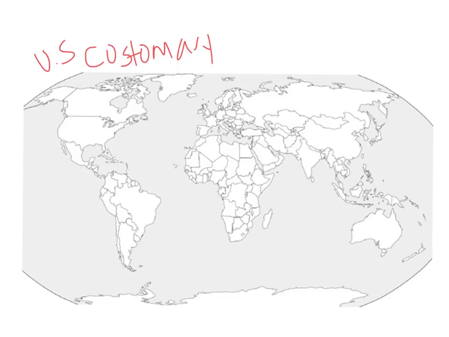And this is called the U.S. customary unit because the United States is the only place that uses this type of measurement. Now, the rest of the world uses the second type of measurement that we will focus on later in this unit, which is called the metric unit.